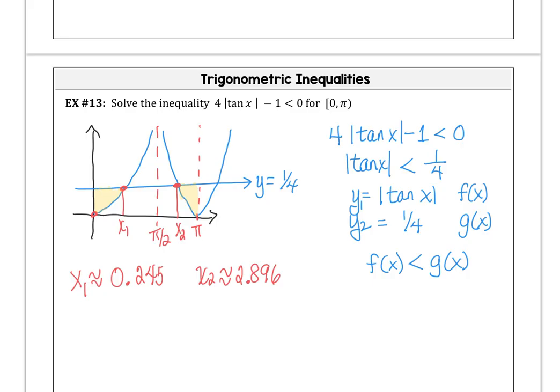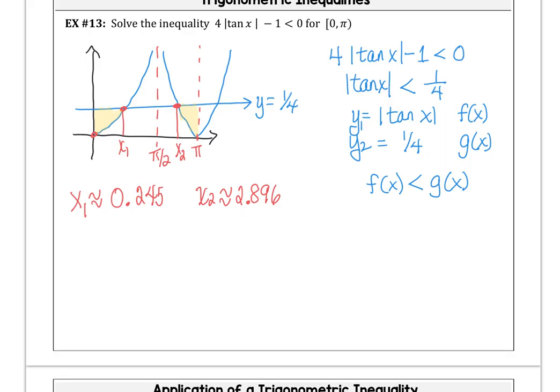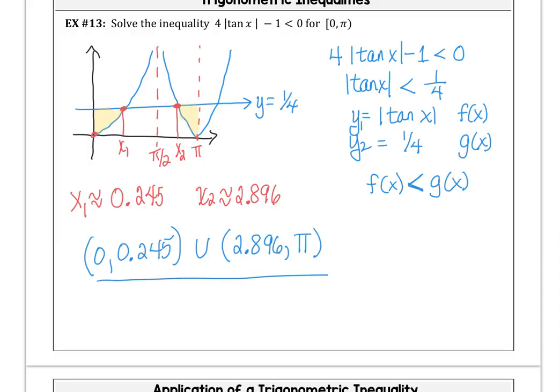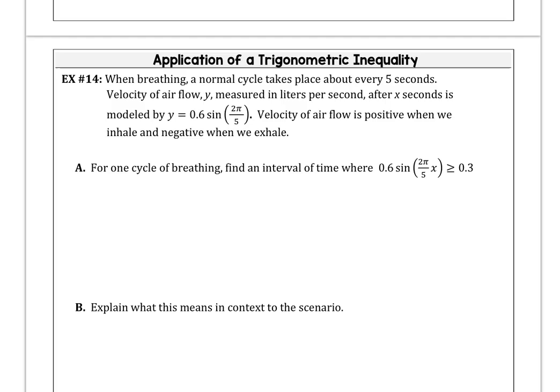The intervals for our solution would be from 0 to 0.245, and notice it's just less than, not equal to, so we've got open parentheses, and then finally from 2.896 over to pi, open parentheses. So these aren't so bad. You just have to be careful with the graphing and reading.